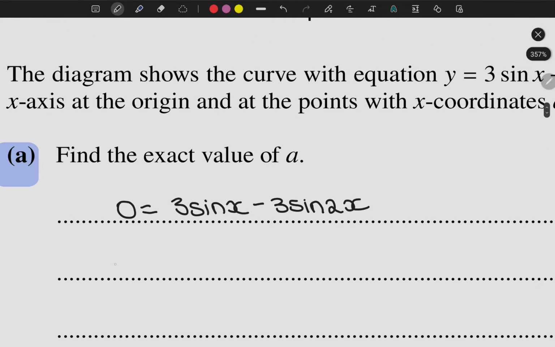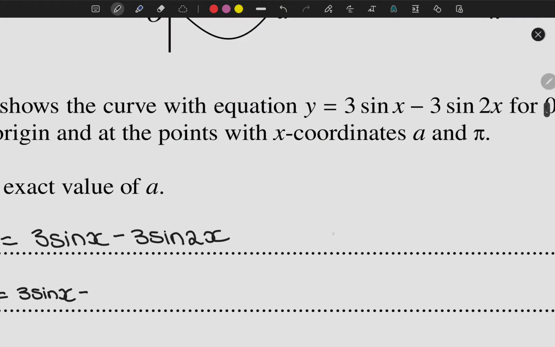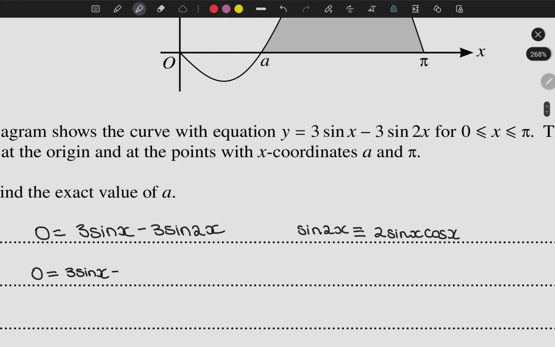I'm going to use the trig identity that sine 2x is equivalent to 2 sine x cos x. It's also in your formula sheet, but it is helpful to remember.